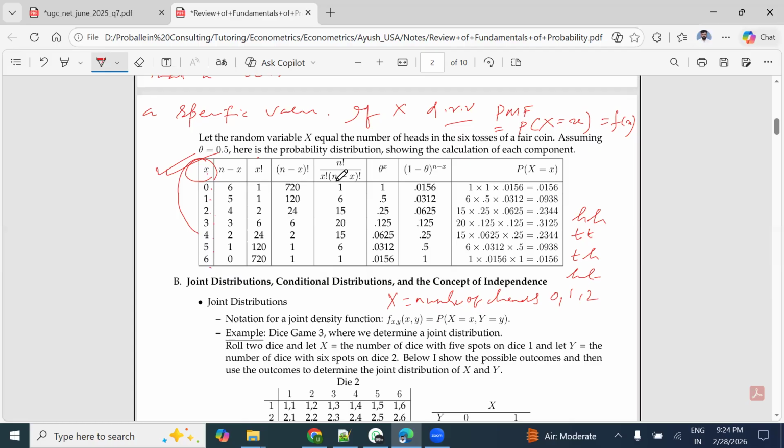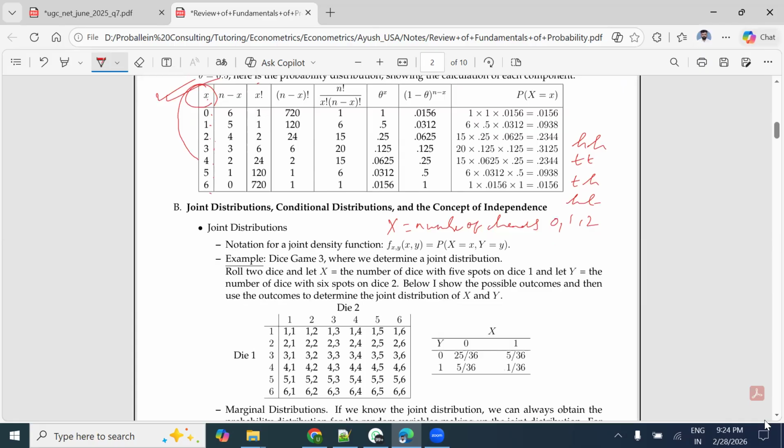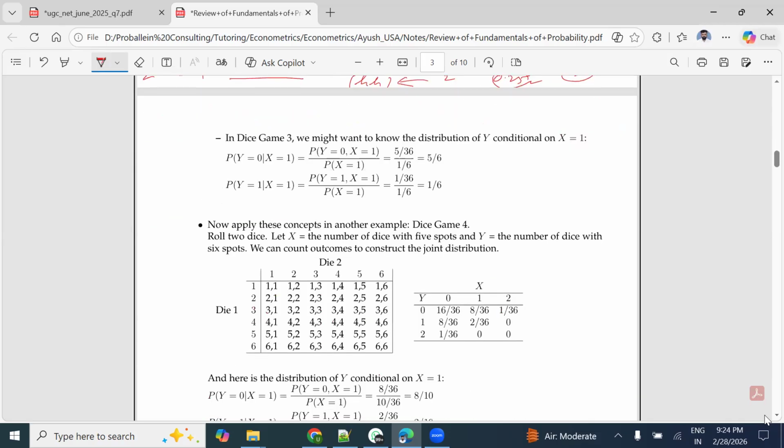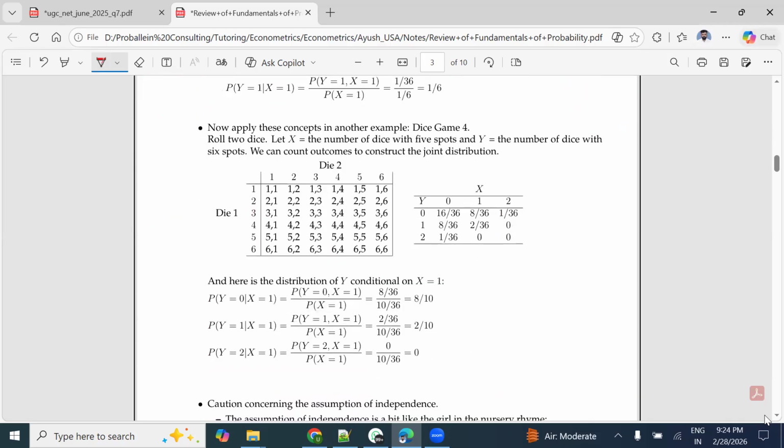Then we will do the next topics: joint distribution, conditional distribution, and the concept of independence. Tomorrow I will finish marginal distribution and some other important properties. Then I will give you another assignment.